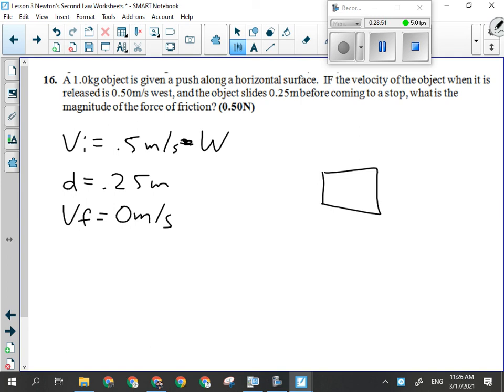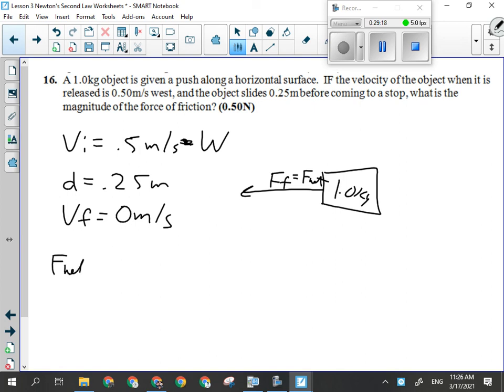It's the force of friction that's going to be my net force, because gravity and normal force are going to cancel out. So I have this 1 kilogram object, and the only force acting on it is the force of friction, and that force of friction is my net force. What I did right there is the vector sum of all forces. There was only one, so I'm done with that part.